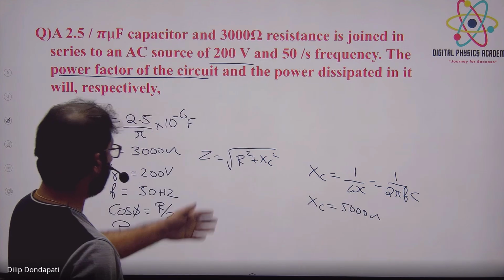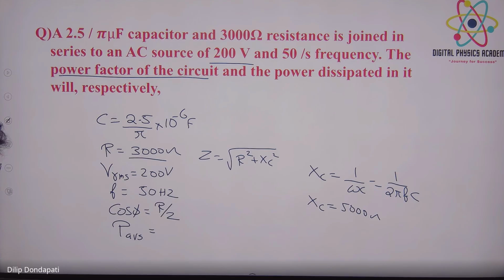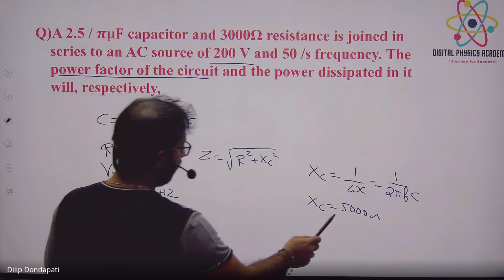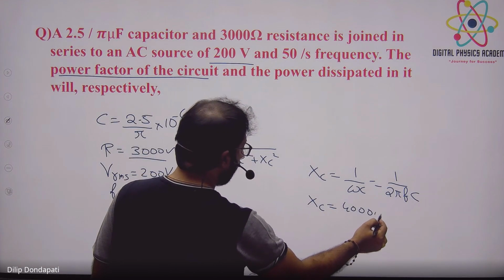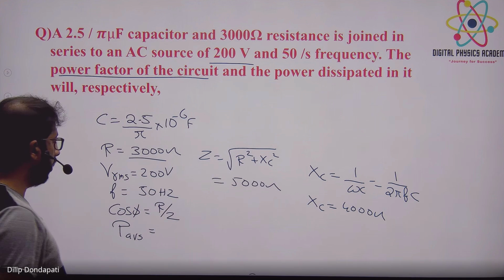Now substitute in this: 3,000 whole square plus 5,000 whole square. You told Z only as 5,000? Yes. Okay, XC, how much did you get? Sir, 4,000. So 3, 4, 5, that is 5,000 triple, right? So therefore Z is 5,000. Now substitute.